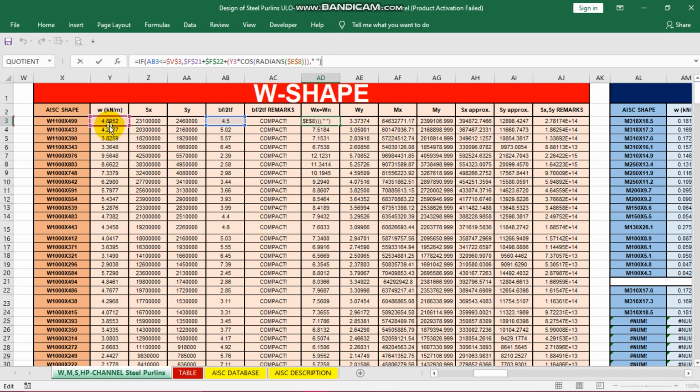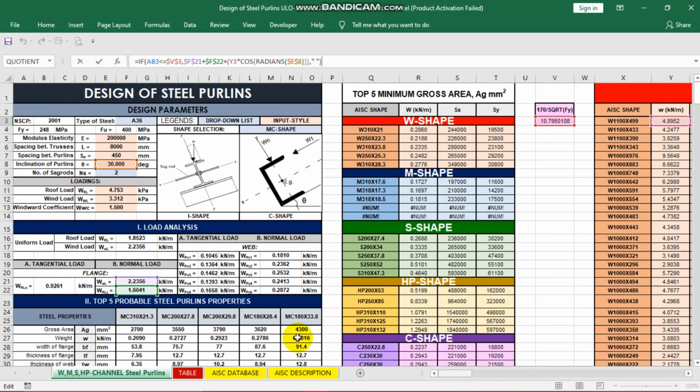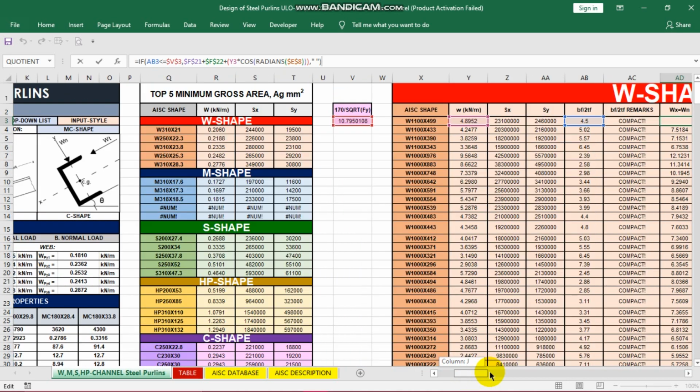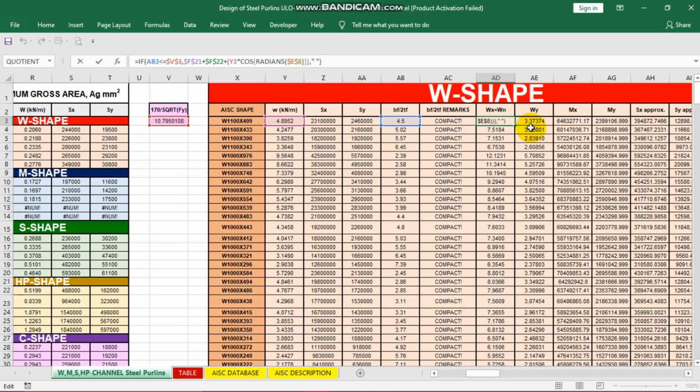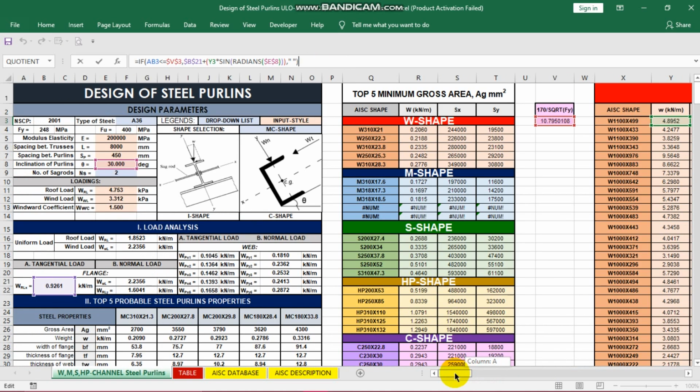So, I added that to F21 and F22, which are for the normal load values. So, after getting the normal load values, I can get the WX. For the WY, this is for the tangential, B21. This is it.